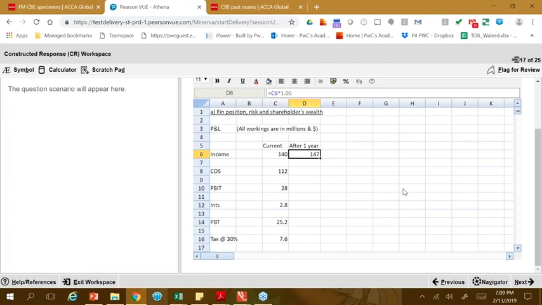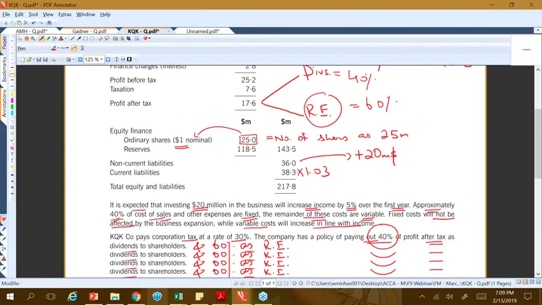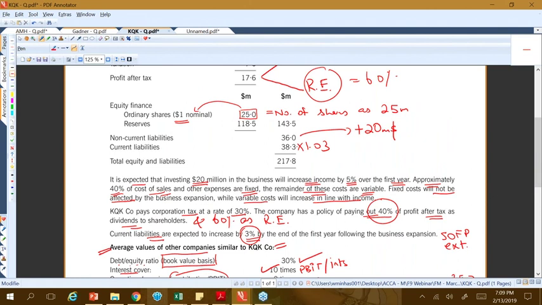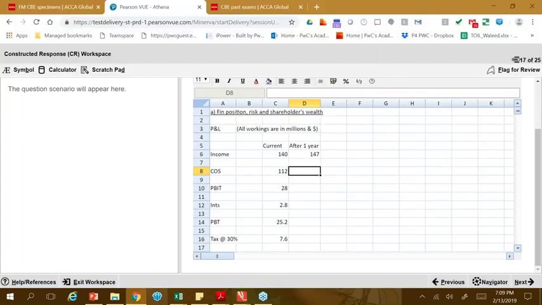Now you have to be a little careful with the cost of sales again. Let's read that. It said that 40% of cost of sales are fixed, the remainder are variable, and the variable bits will go up. So I'll take the cost of sales of 112, and I will say that 60% of these are variable, which will go in line with the sales of 5%.